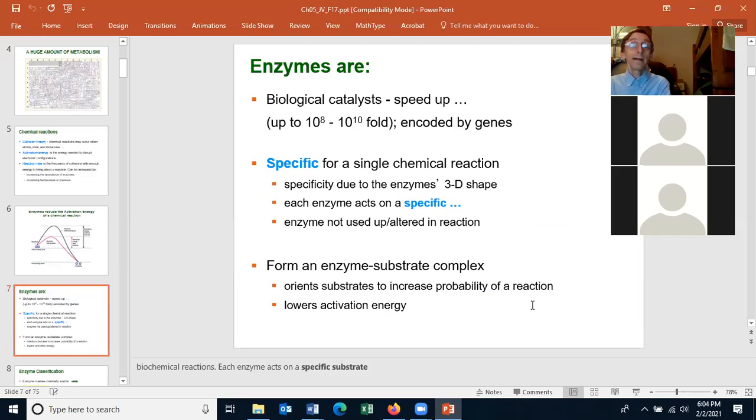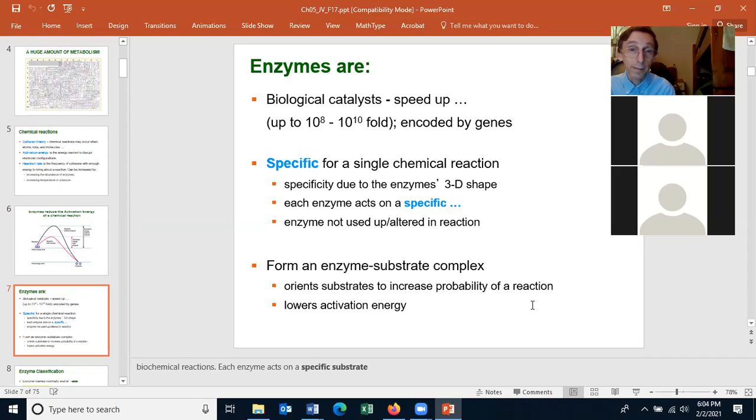All right, enzymes are biological catalysts. Catalysts are things that speed up chemical reactions, where they convert a reactant to a product. Okay, any question about that?